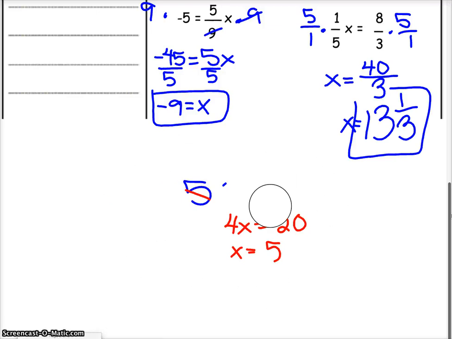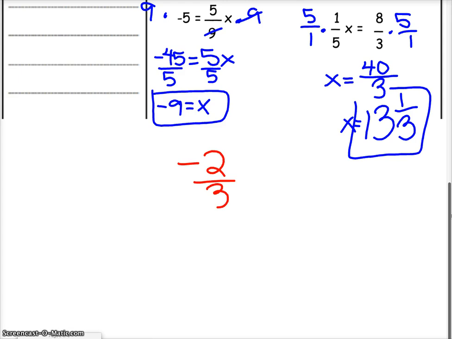Okay, let's do another one utilizing the trick. Negative 2/3 x equals 12.